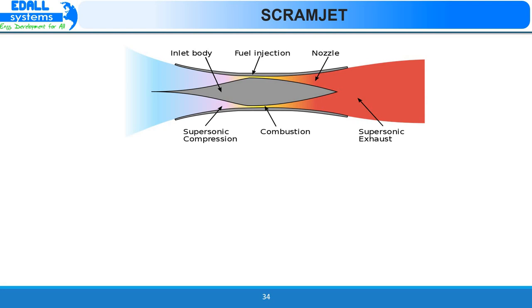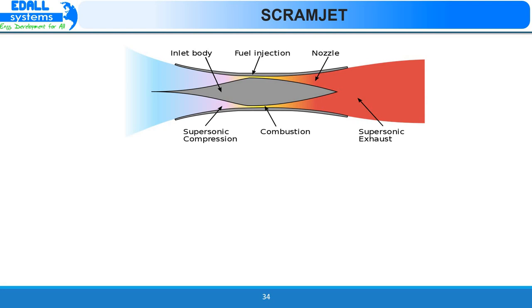To propel the vehicle at hypersonic speeds, the air must be at supersonic speeds when it enters the combustor. Thus, the combustion process occurs when the flow is supersonic, hence the name supersonic combustion ramjet engine, or simply called scramjet engine.